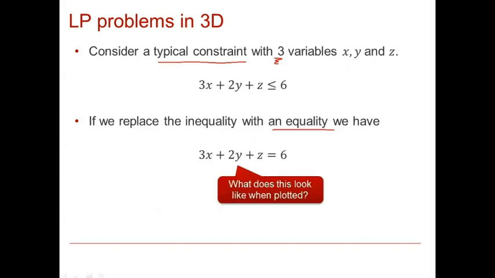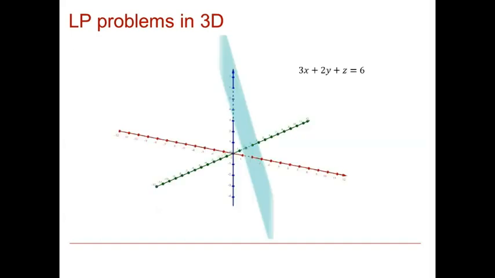So what does this look like when plotted? If you have studied equations of planes in pure further maths, you would have come across this. If you haven't yet, then you will do soon. So here we have the graph of 3x plus 2y plus z equals 6. And as you can see, it's a plane.